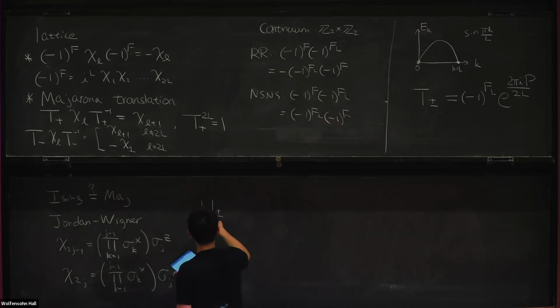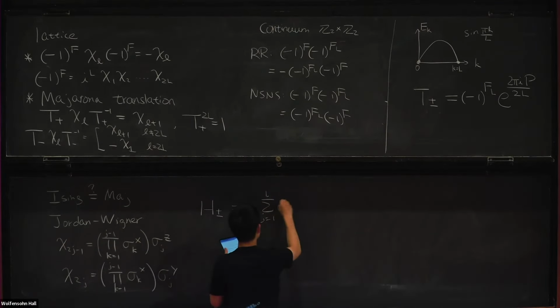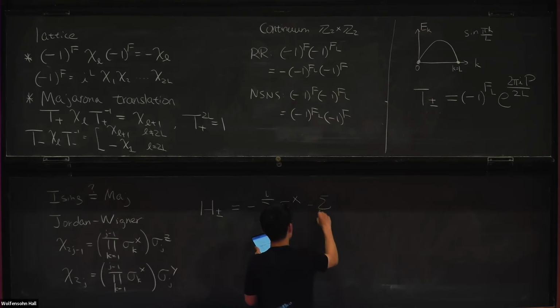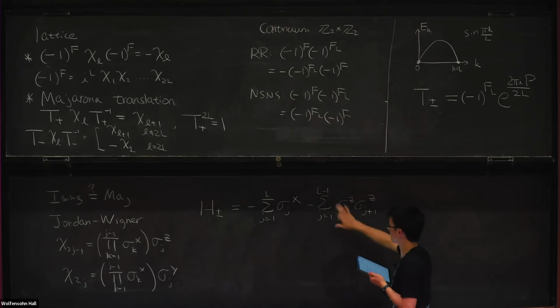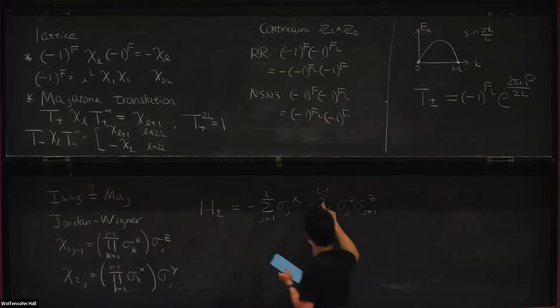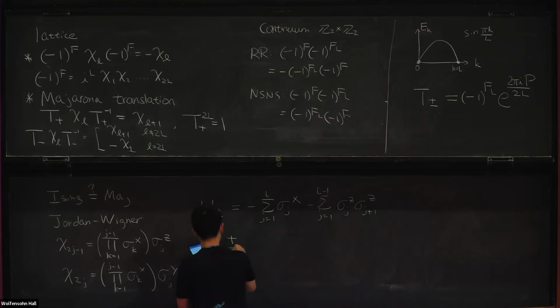Now, if you plug in the Hamiltonians for the fermion fields, and write it in terms of the spin variables, you'll find you recover the transverse field Ising model in most of the sites, but at one link, you will make a mistake.